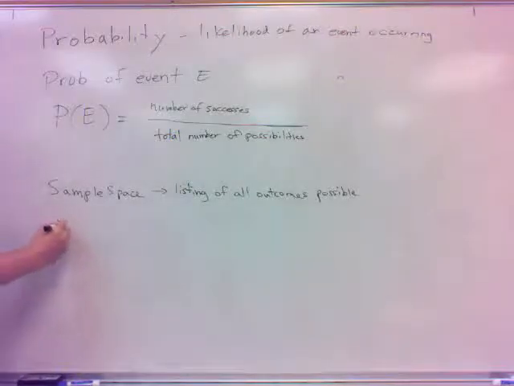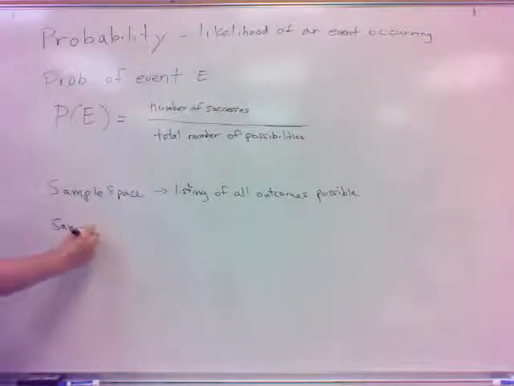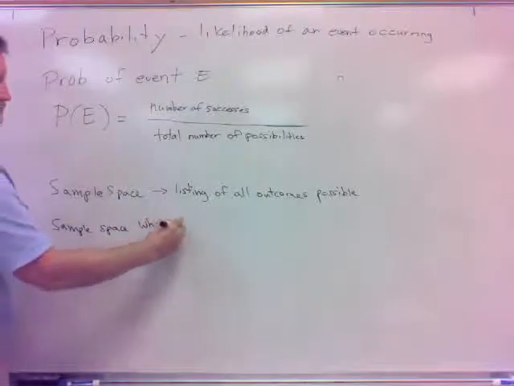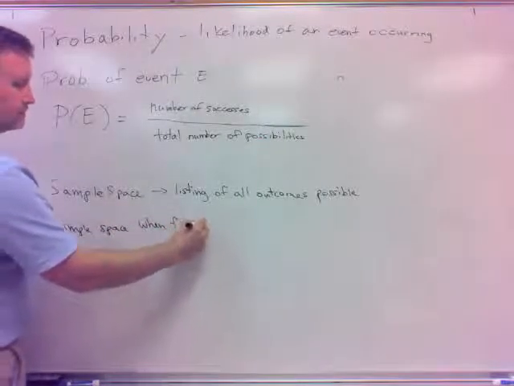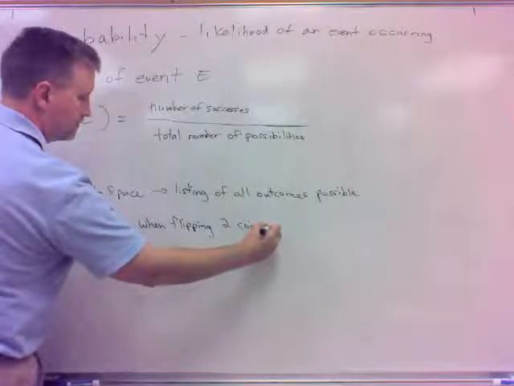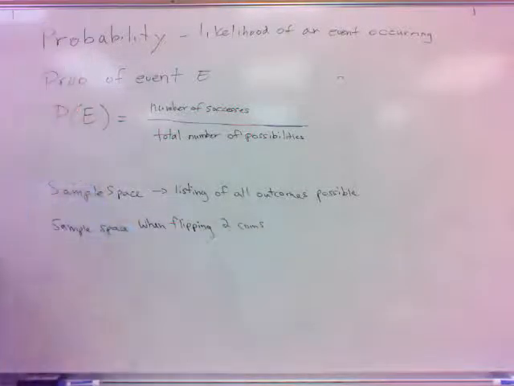So if I asked you for the sample space when you flip two coins, what would that be, you think? That's just a listing of all the outcomes. When we flip two coins, what are the possible outcomes?